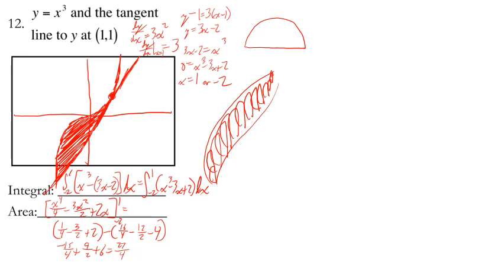So the area of each semicircle is 1/2 of pi r squared. Another way of looking at this is that the radius is half of whatever the difference is from the top equation minus the bottom equation, squared.